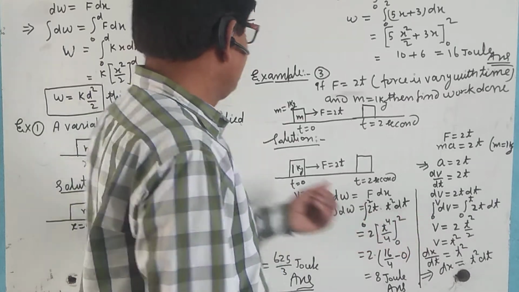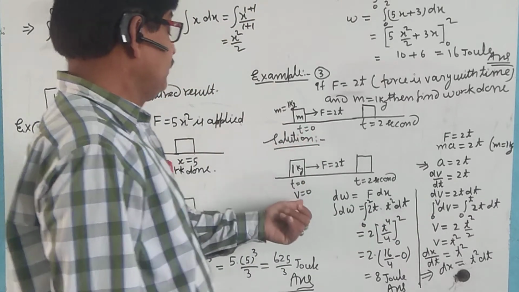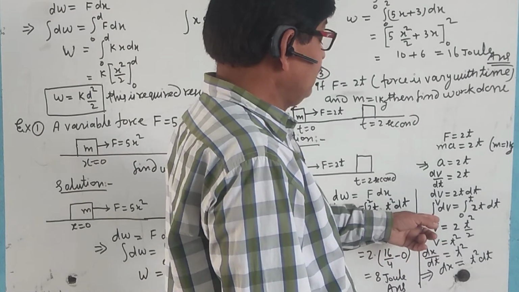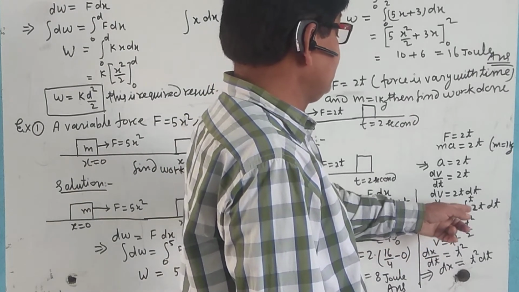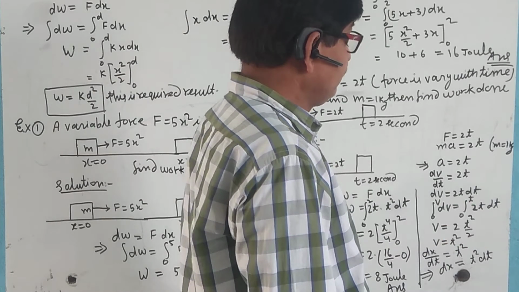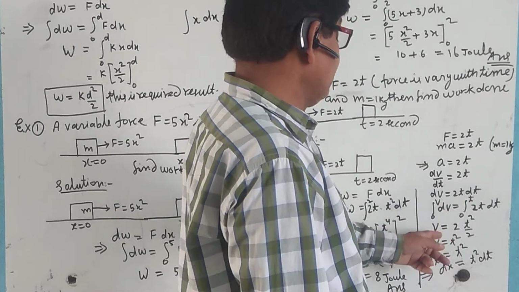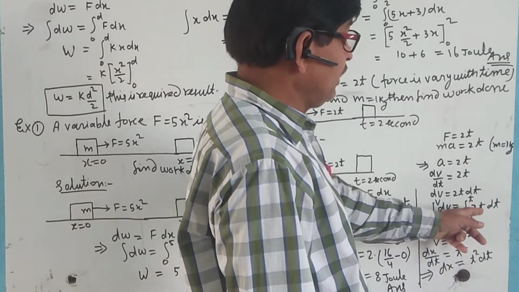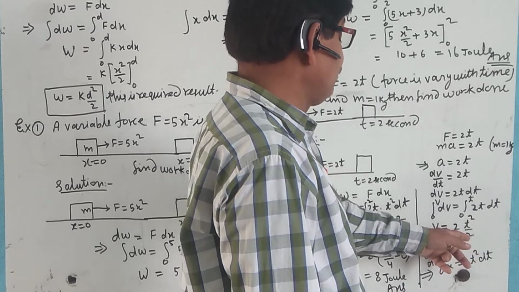Integrate this: v from 0 to v, and t from 0 to t. Now this is equal to v, and this is 2 times the integration of t dt, which is t square by 2.